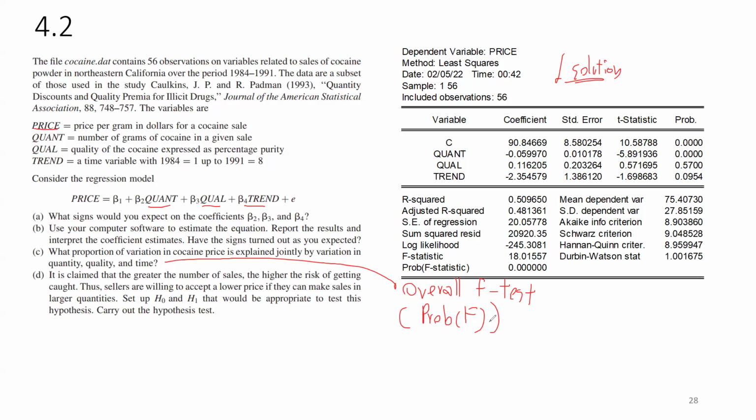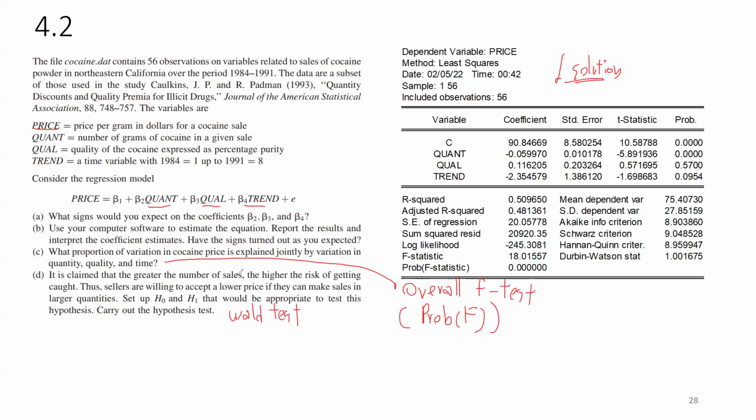D, it is claimed that the greater number of sales, the higher risk of getting caught. Thus, sellers are willing to accept a lower price if they can make sales in larger quantities. Set up H naught and H1 that would be appropriate to test this hypothesis. Carry out the hypothesis test. So you have to use the Wald test.